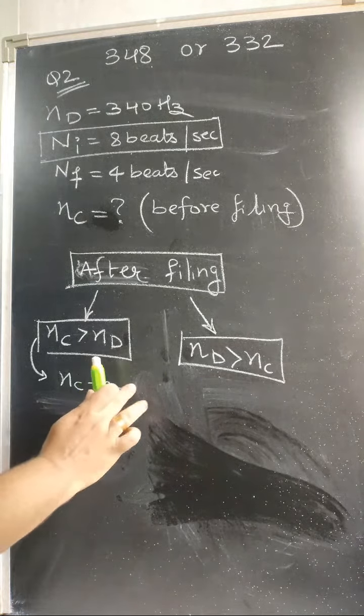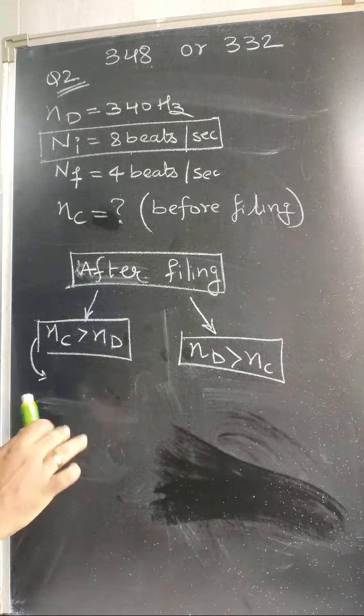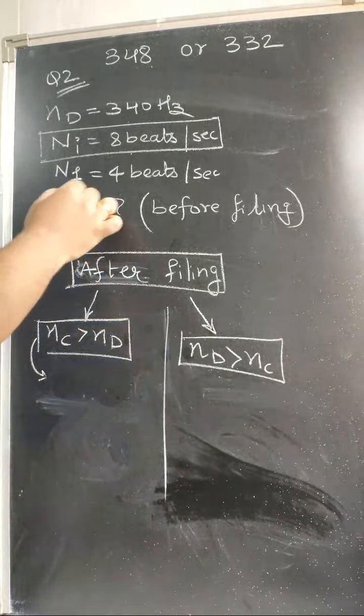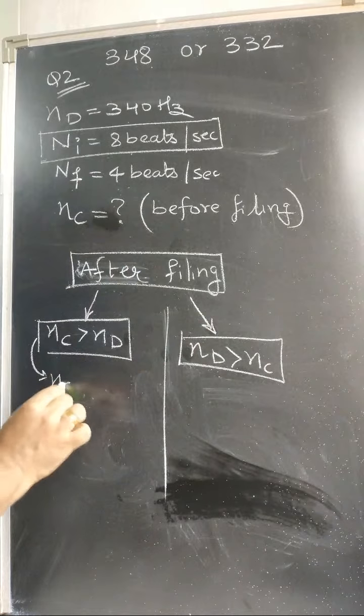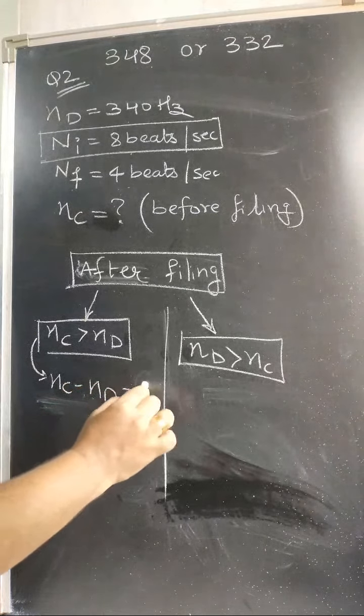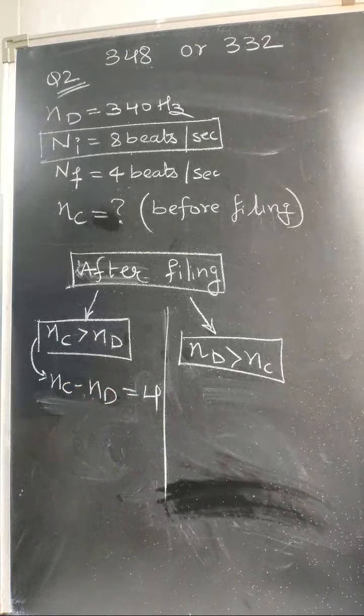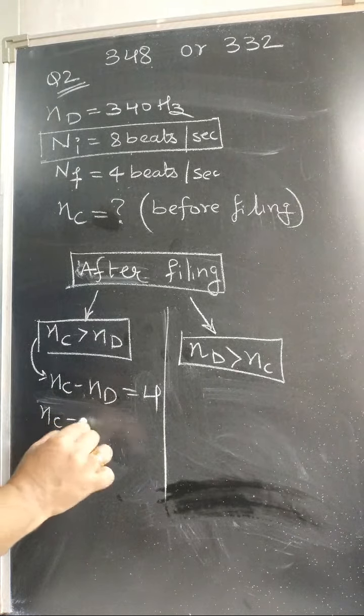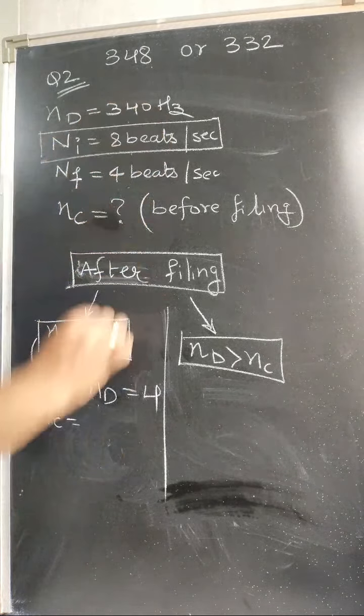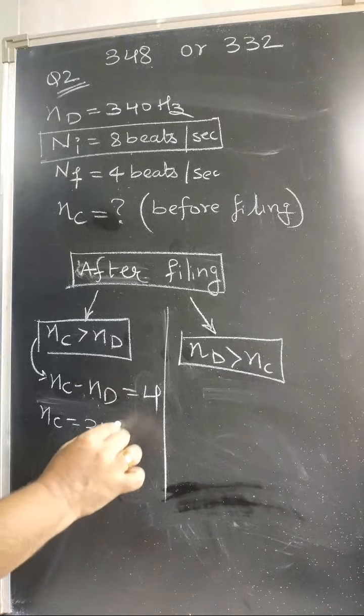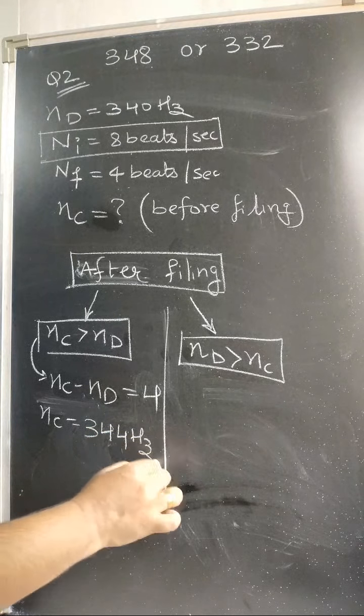Now, the final number of beats is 4. So NC minus ND is 4. The value of NC is not known. ND is 340. So this becomes 344 Hertz.